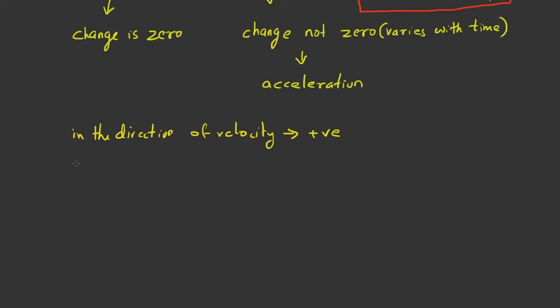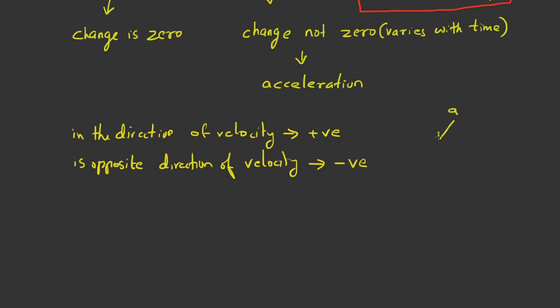If acceleration is opposite to the direction of velocity, it will decrease the velocity and it is taken as negative. So acceleration is positive if it is in the direction of velocity, and it will be negative if it is opposite to the direction of velocity.